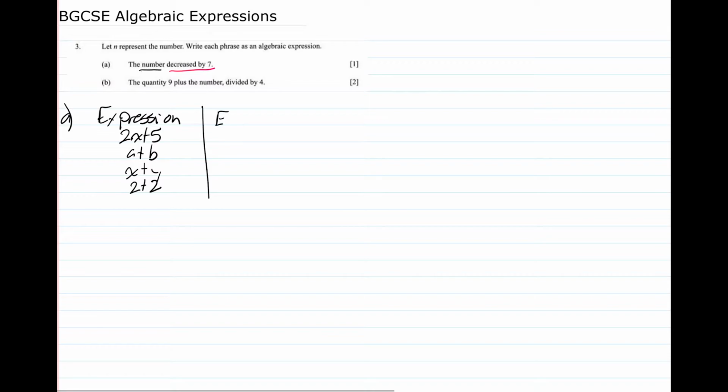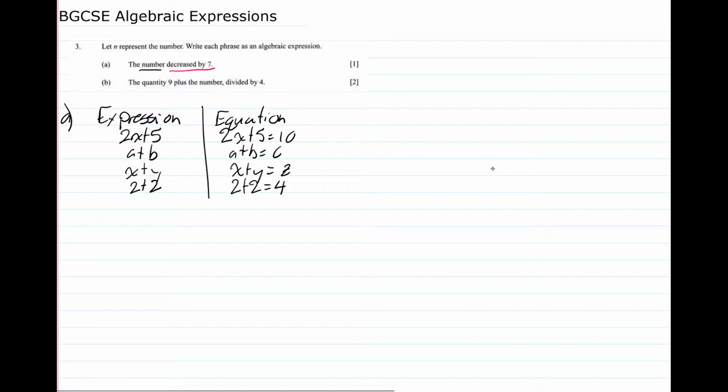Whereas an equation, if I were to write 2x plus 5, I would have to say it's equal to something. So 2x plus 5 equals 10. A plus b equals c. I'm just making these up. X plus y equals z. And 2 plus 2 is equal to 4.